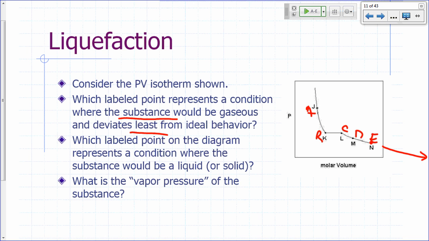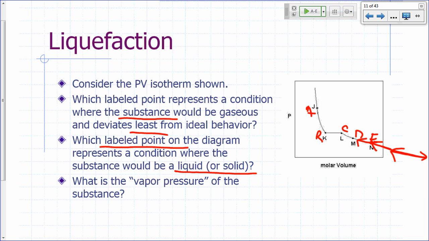As you shrink the volume of the gas at constant temperature, the pressure is going to be going up, right? Which labeled point on this diagram represents a condition where you would have a solid or a liquid?